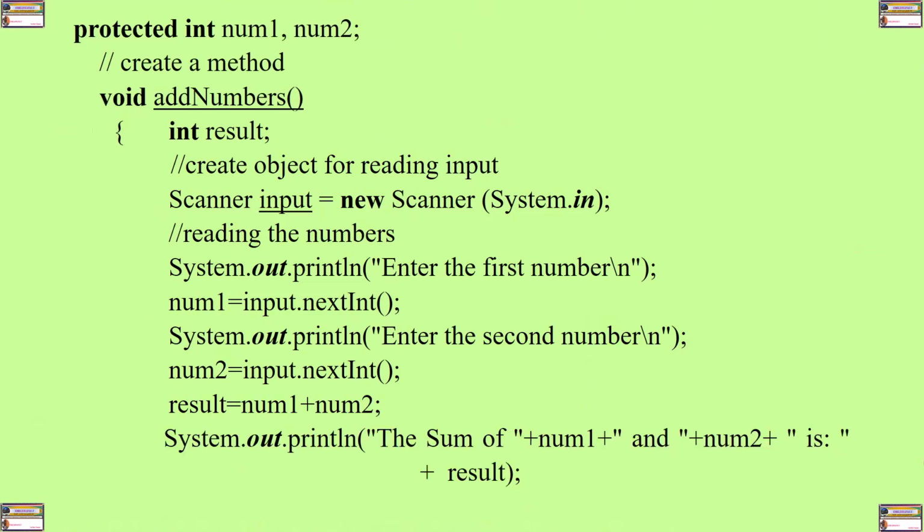From there, we are going to display our results and our numbers using the statement: the sum of the content stored in memory location called num1, and the content in the memory location called num2, is the value stored in memory location called result.